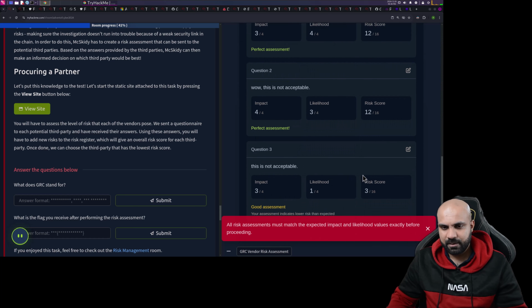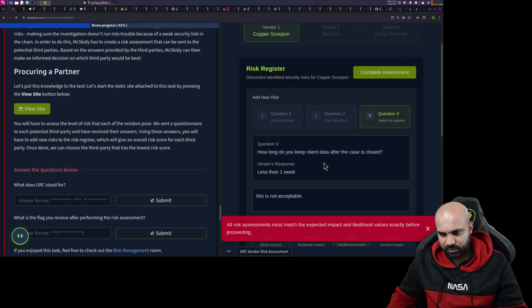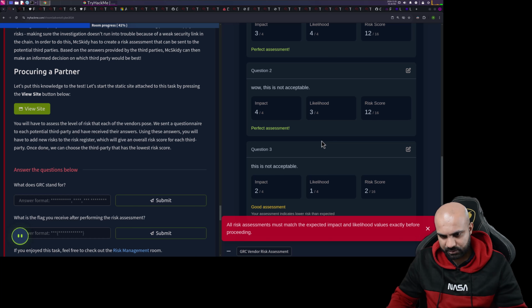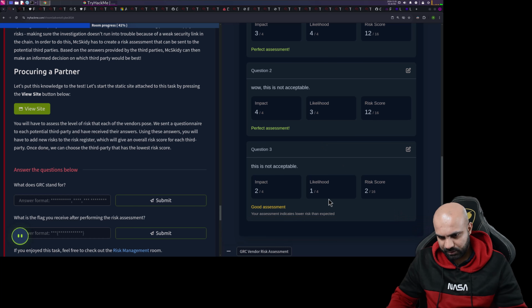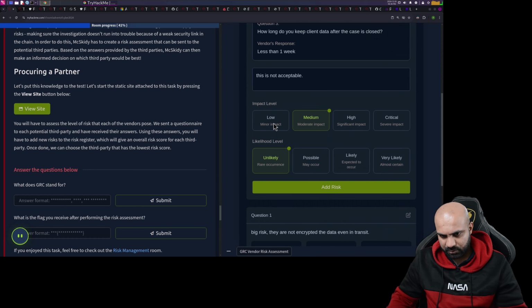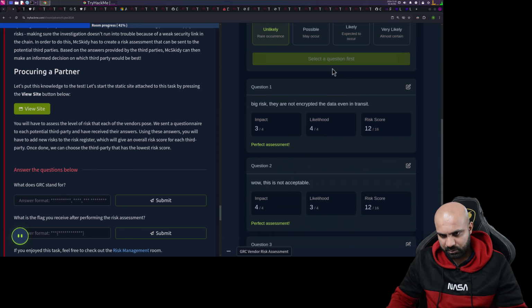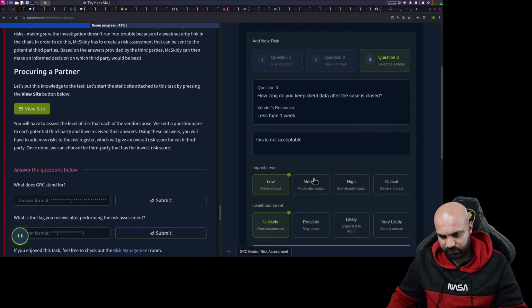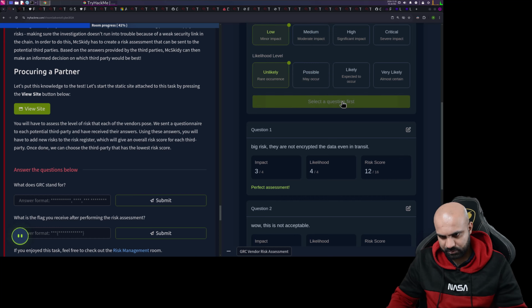Oh man. Okay, let's go with this. What if we do this? They're still saying good assessment. What if we go low and minor? Okay, what if we go here and possible?